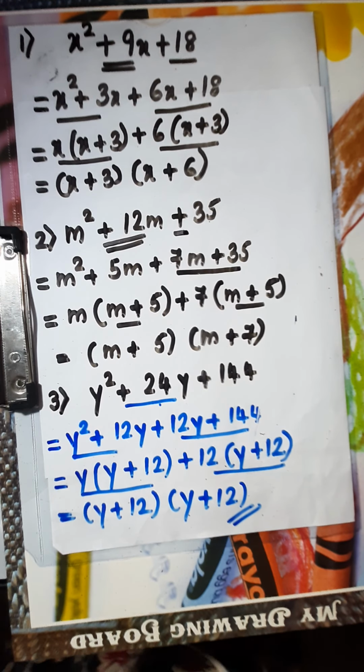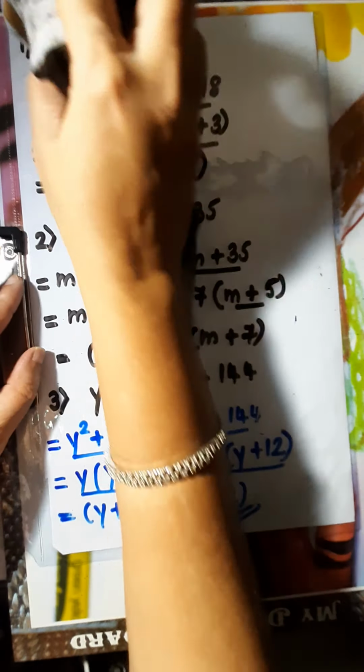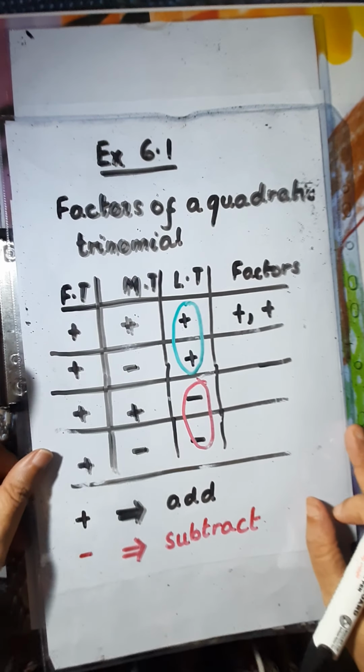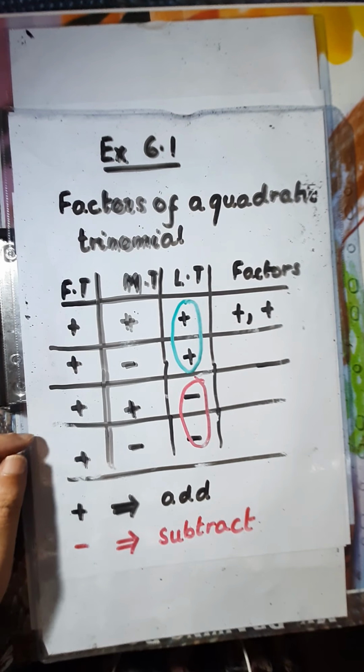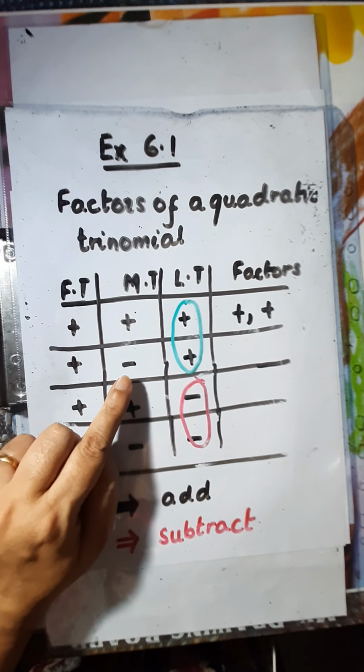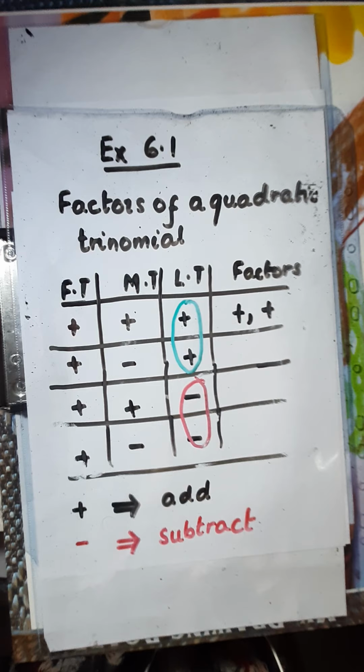So this is when, now see here. I'm doing all the different types, right? This is when the middle term is plus and the last term is also plus. My factors are plus and plus. Okay, now when my middle term is minus and my last term is plus.